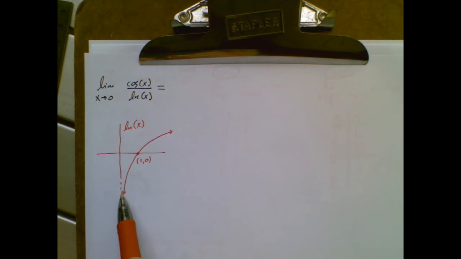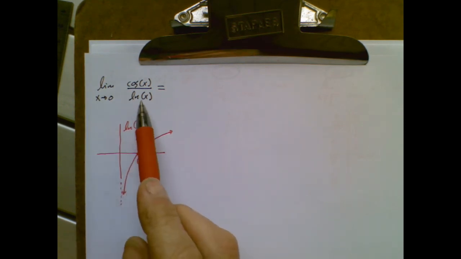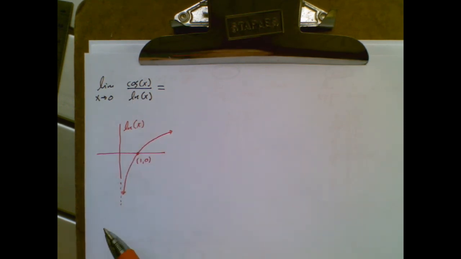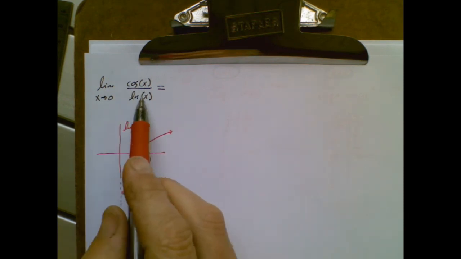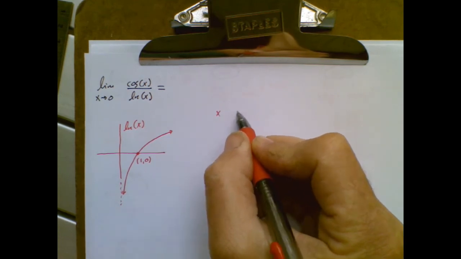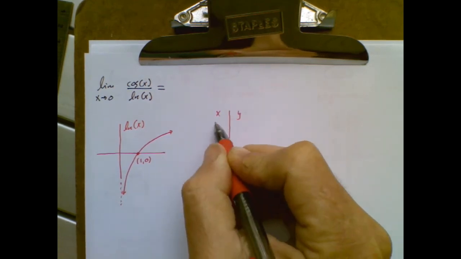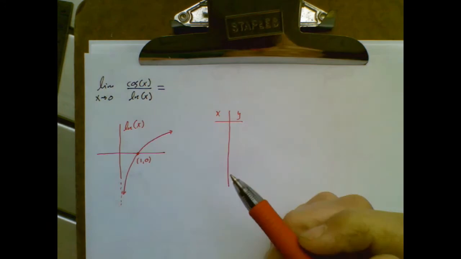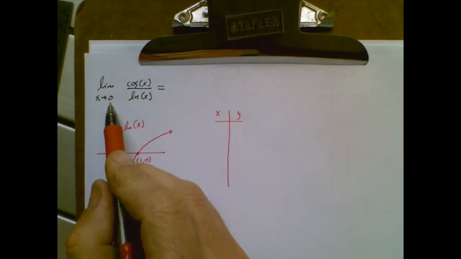Well, since the plug-in isn't working, and I don't see algebra trickery or a memorized limit, and I don't necessarily know what the graph of that whole monster looks like, I can go to the intelligent T-chart. As I approach 0, I need to think, wait, they didn't tell us left or right hand limit, so that means we'd have to think of both the left and the right hand limit.